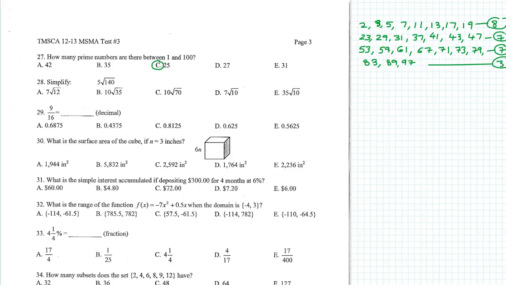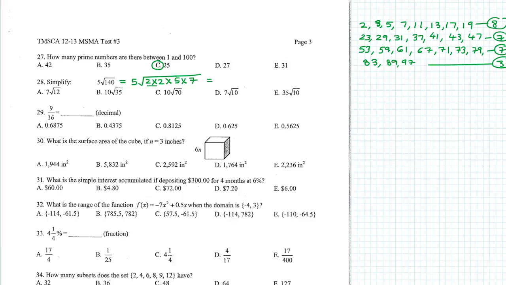Question 28. Simplify 5 square root 140. 5 square root 140 can be written as 5 times the square root of the factors of 140, which are 2 times 2 times 5 times 7.